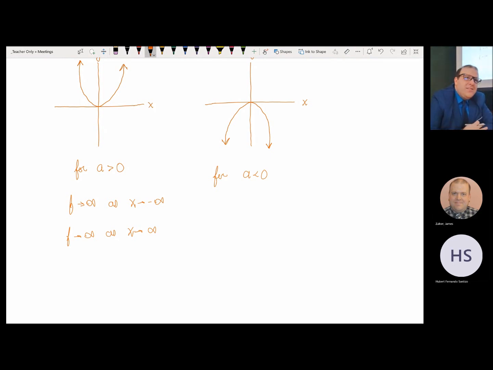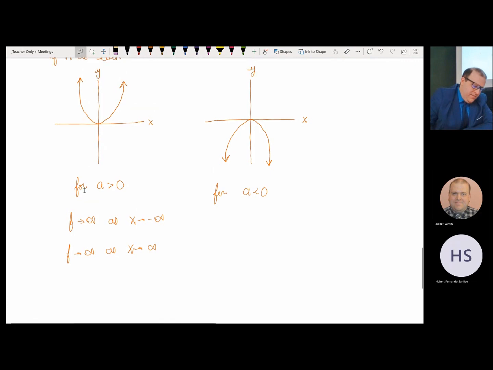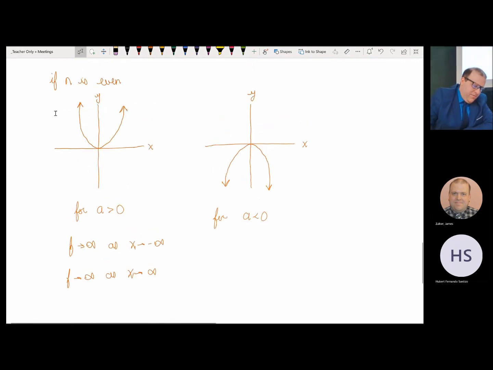If it's greater than zero, the top is infinity, and then the formulas are down at the bottom. This is left-hand behavior. This is right-hand behavior. All for a greater than 0.